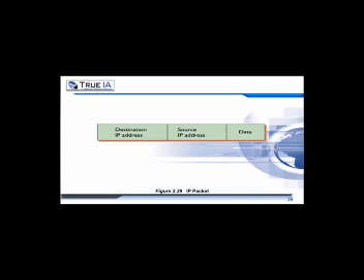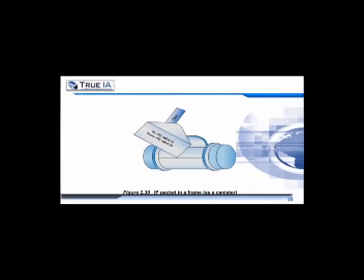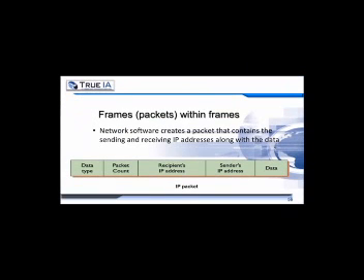So a common IP packet looks like this: destination IP, the source IP, and the actual data that it's carrying. So far, NIC seems to be doing a pretty good job. So now we have frames and packets within those frames.